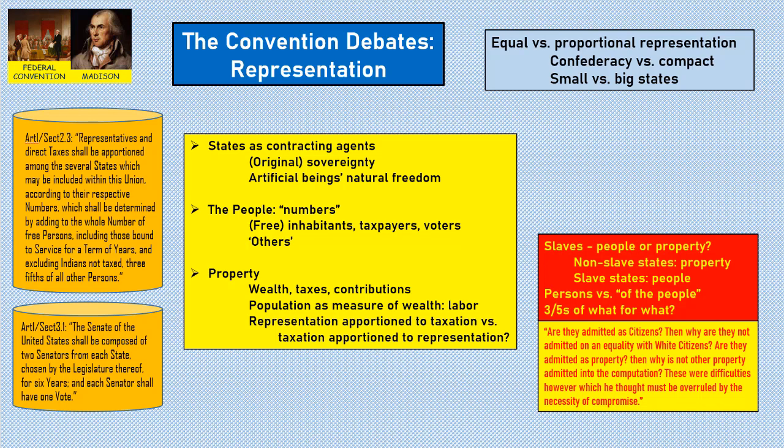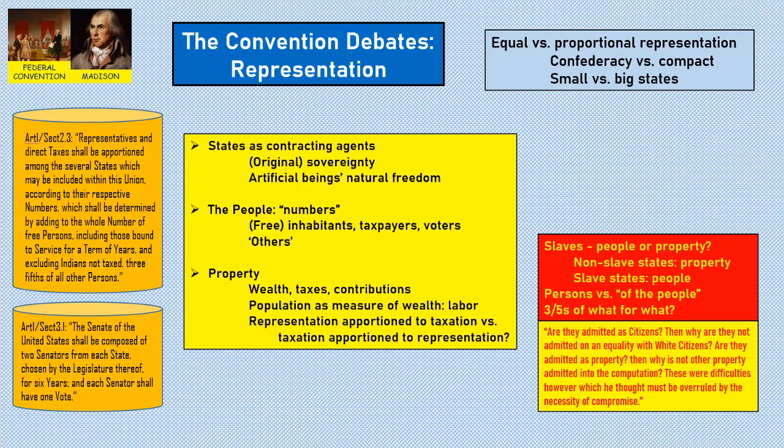So two other ideas should be immediately cognizable to you to answer the question, what do representatives represent? One thing, of course, they could represent is people, or here numbers, or proportion of free inhabitants, and we'll see other descriptions of this. Where does this idea come from? Well, of course, from John Locke, and remember Tom Paine's description of a natural government.